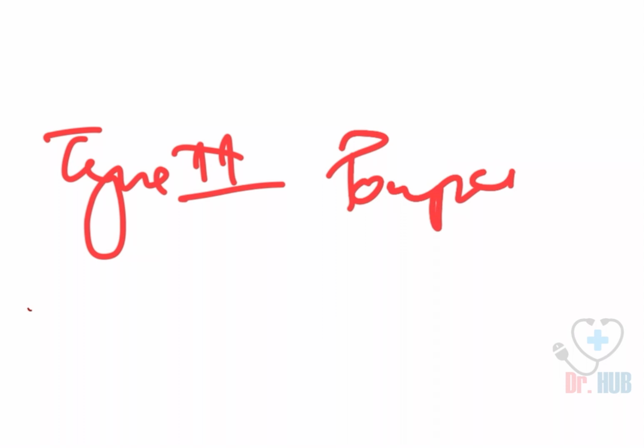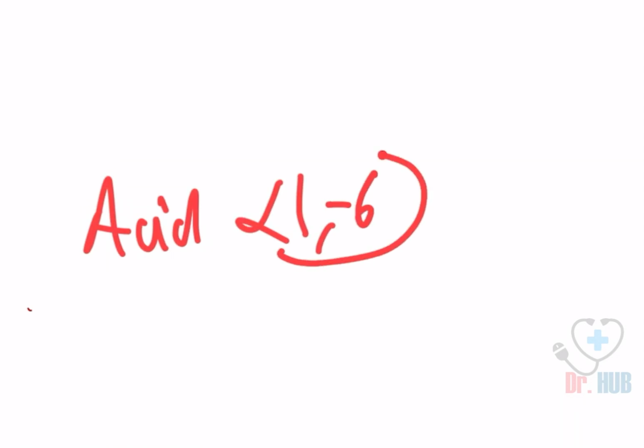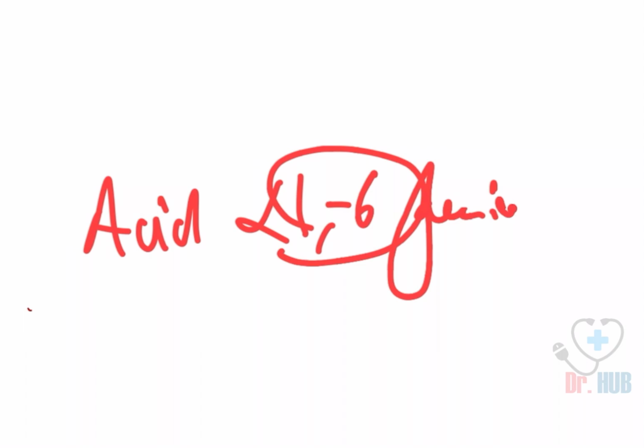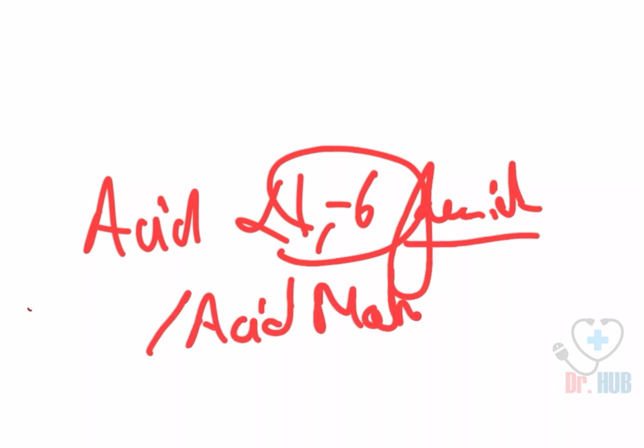Next, looking at type 2. Type 2 is known as Pompe's disease. So here the enzyme defect is the acid alpha 1,6 glucosidase or the acid maltase.